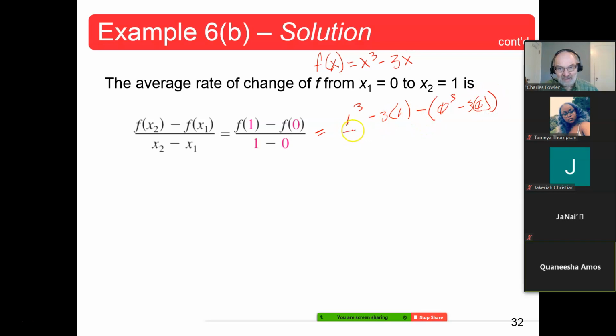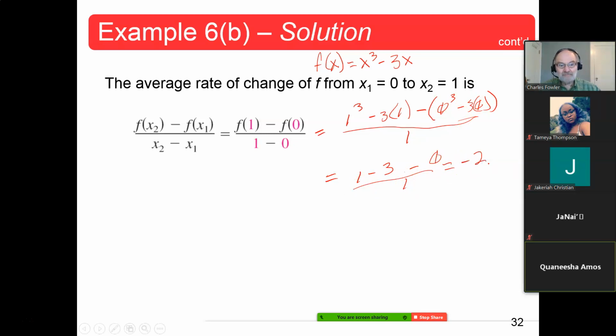Okay, all over, and I can do that subtraction, that's just 1. So this is going to be 1 minus 3 minus, this all comes out to be 0, over 1, and this is -2.